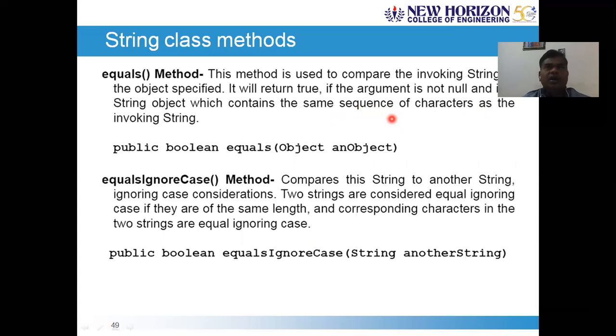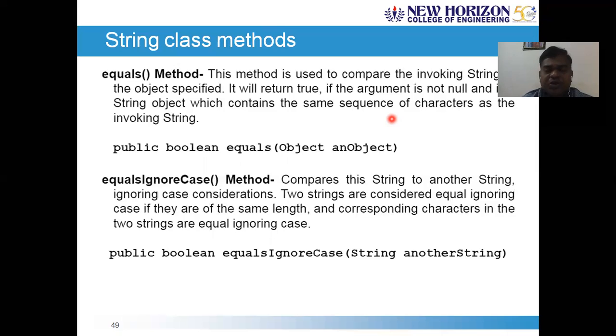I mean to say, assume that I have string 1, say s1, equal to new horizon, and string 2, new horizon, and if I say s1.equals(s2), it returns true. And if my string 1 is say new and string 2 is say new horizon, s1.equals(s2) returns false.